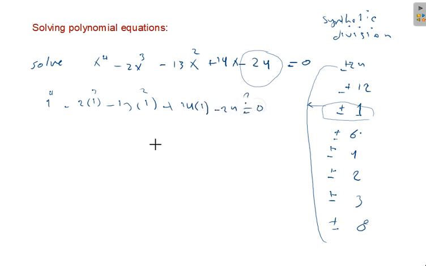Is it equal to 0? 1 minus 2 minus 13 plus 14 minus 24 is not 0.